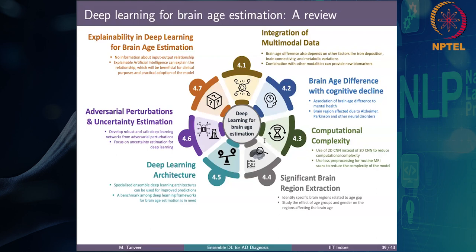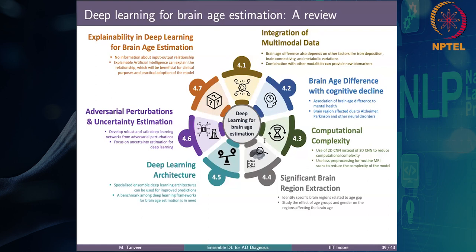This is a big challenge, as I explained in the first or second slide, that in the 2018 report, 50 million people were affected with Alzheimer disease, and it is going to triple. Neurological disorder disease is really a big challenge in India.